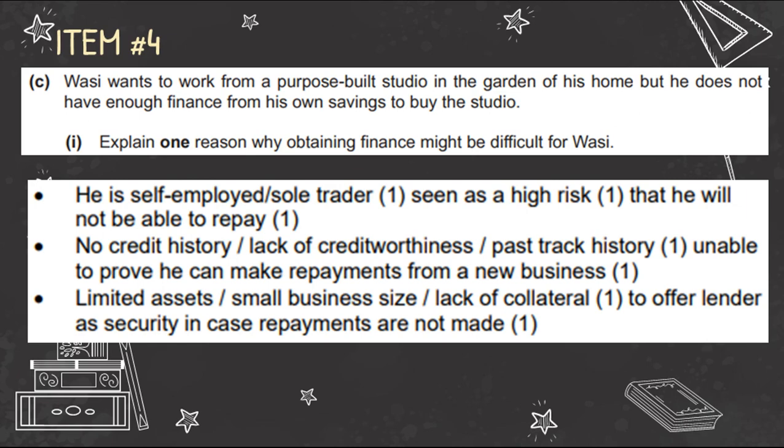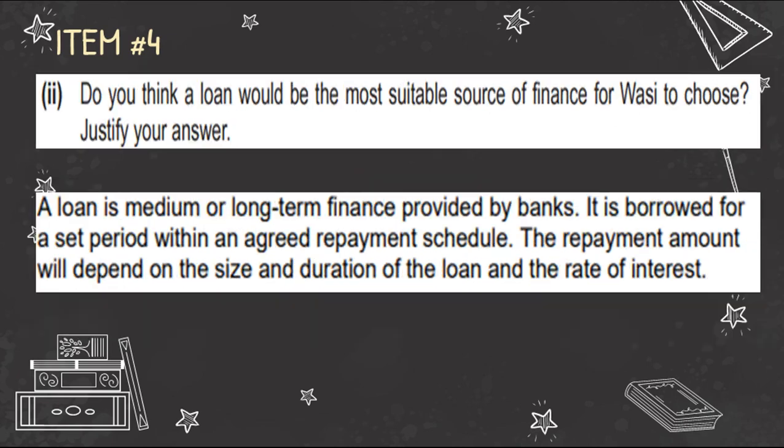Now, to add another question regarding this Wasi situation: do you think a loan would be the most suitable source of finance for Wasi to choose, and justify your answer? So the first thing that you need to do is to explain the meaning of a loan.